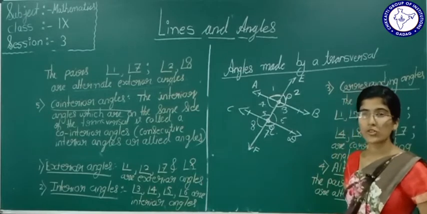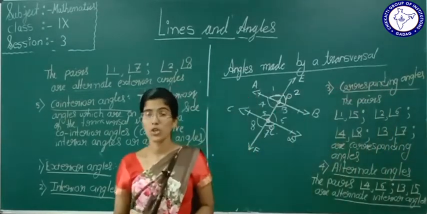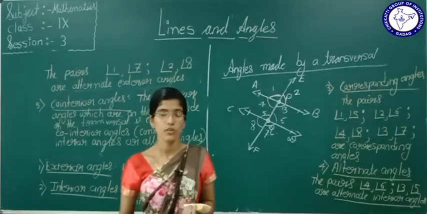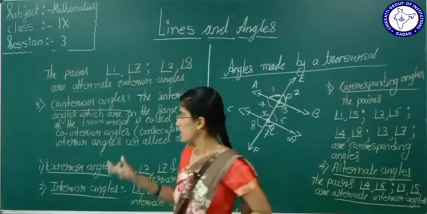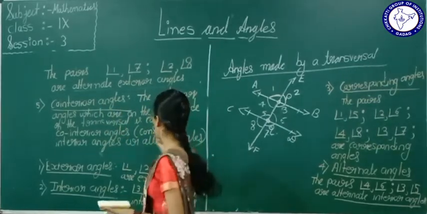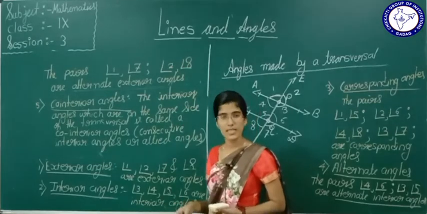Say how you have two names, right? You have a nickname in your home, like Sonu, Gundu. Like that only, here so many names are there. For co-interior angles we have consecutive interior angles or allied angles, all are same.